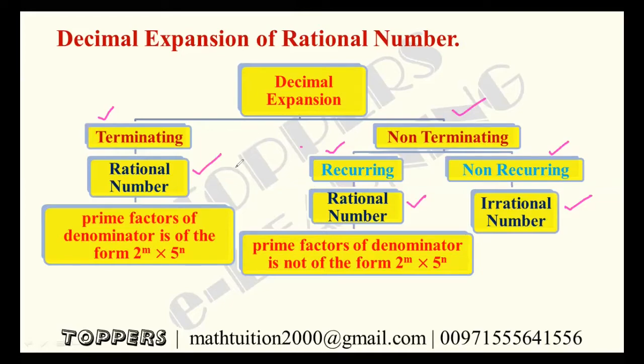In the previous session, we learned that a rational number's general form is p by q, where p and q are integers and q is not equal to 0. Without doing the actual division, just by checking the nature of the denominator, we were determining whether it is a terminating decimal expansion or a non-terminating recurring decimal expansion.